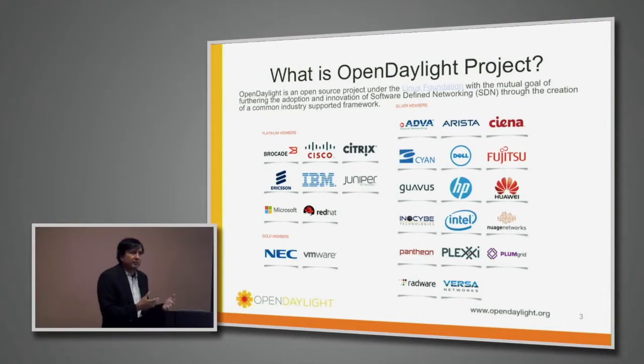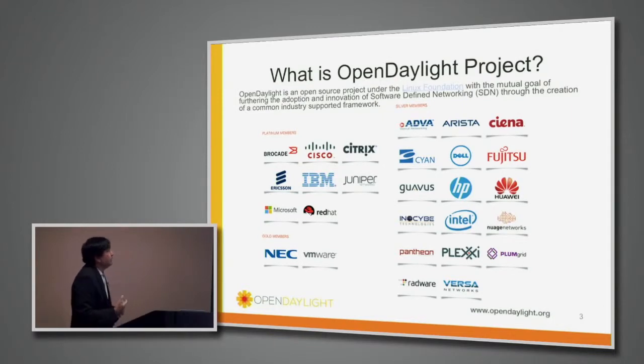Really what that reflects is the amount of investment each of these parties is putting into this particular project. Just to give you a sense, each platinum member is committed $500,000 a year for 2 years, plus they have 10 full-time people dedicated to working on this project.